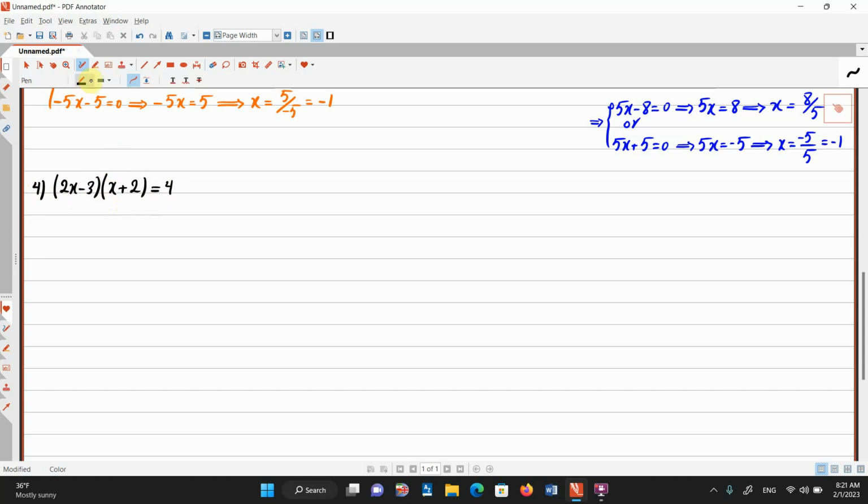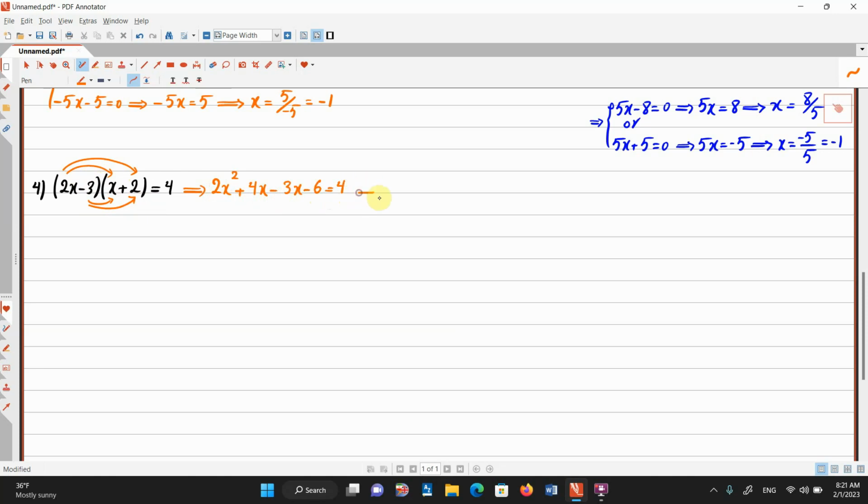Then, to turn this one to the standard form, first of all, we should get rid of these parentheses by multiplying parentheses to each other, this by this, then this by this, and this term by this one, and by this one. This will result in 2x squared plus 4x minus 3x minus 6 equals 4.